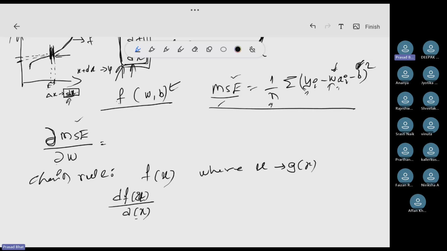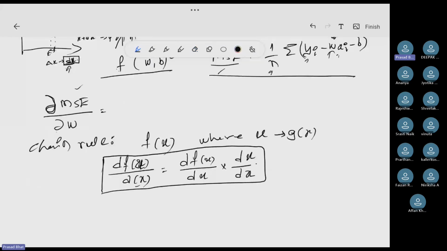In this case, what the rule says is we first find out df by du and multiply this with du by dx. This is the chain rule for differentiation.